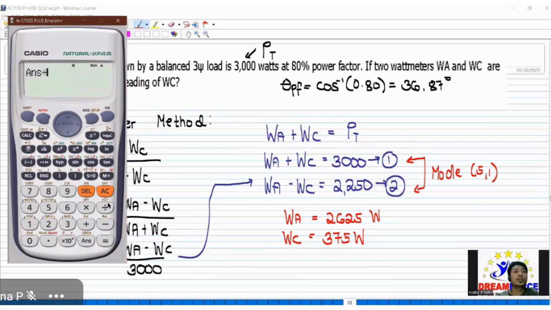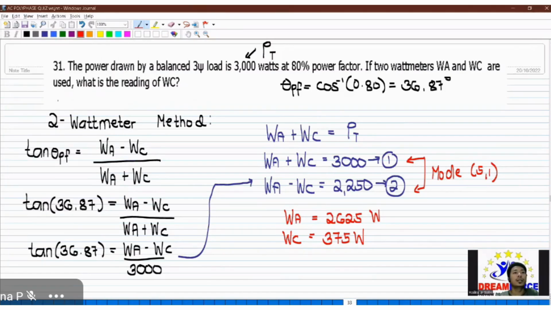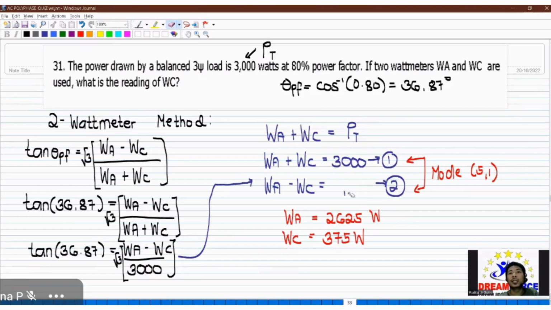Nakalimutan natin yung square root of 3, over square root of 3. So this must be multiplied by square root of 3. Sorry for that. Dapat yung makukompute natin, that must be 1299.04. Sige, 1299 na lang.